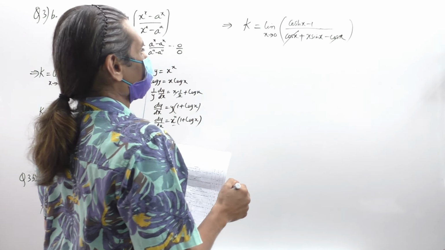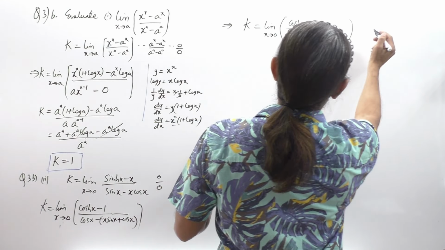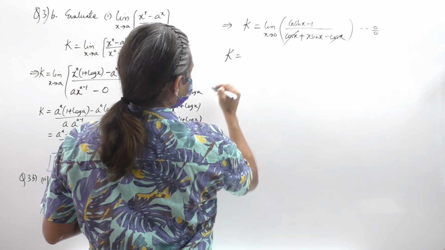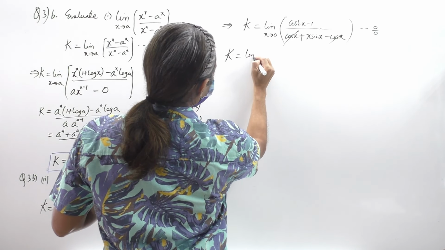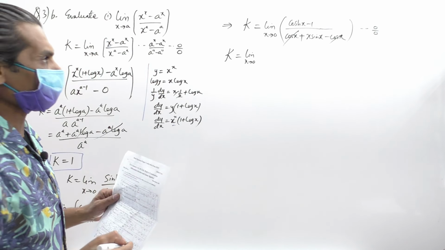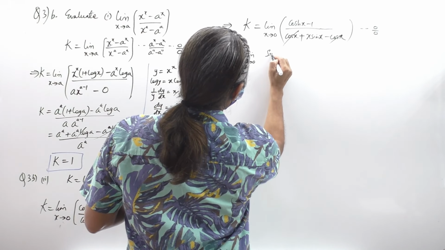So again when you put a value here, cos hyperbolic 0 is 1, so this will be 0 by 0. So again we have to apply the L'Hopital's rule. So k is equal to limit as x tending to 0. See, differentiation of cos hyperbolic x is what? Sin hyperbolic x.